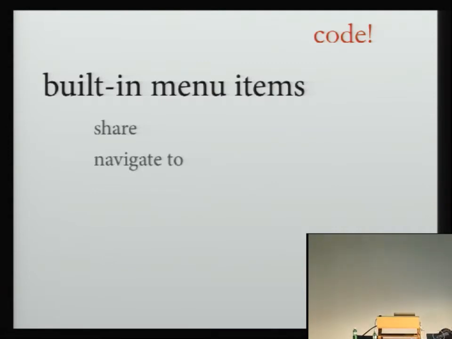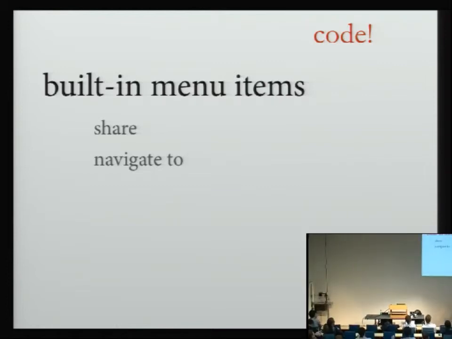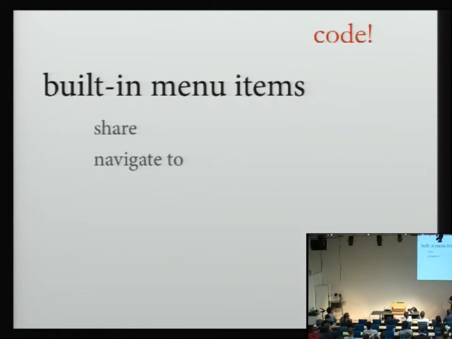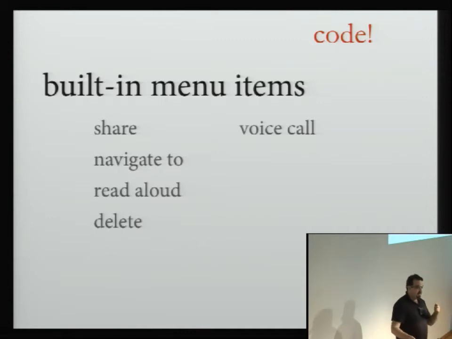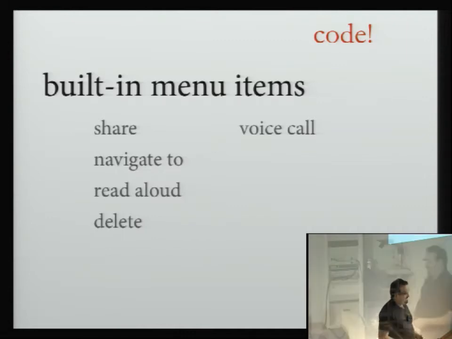Navigate to, so if you are showing restaurant information from your card, the user can trigger the navigation app, the maps app. Read aloud, so you can send one text for the screen and one text for the reading. Delete, so the user can delete the card. Voice call, because if you pair the glass with your phone, you can call.